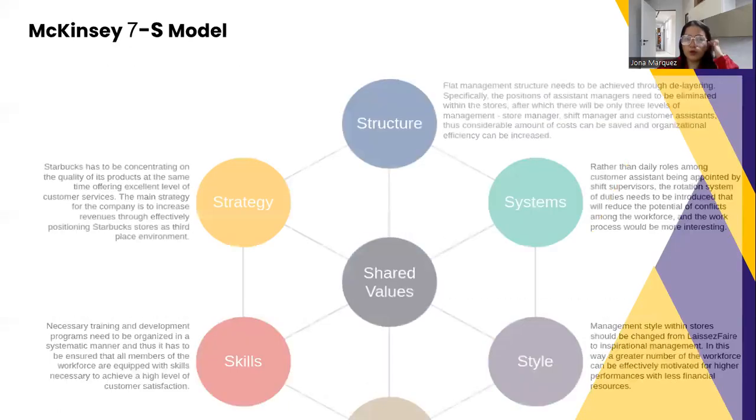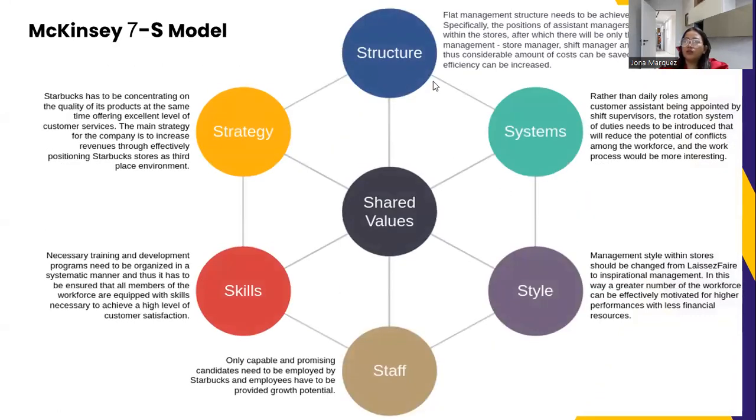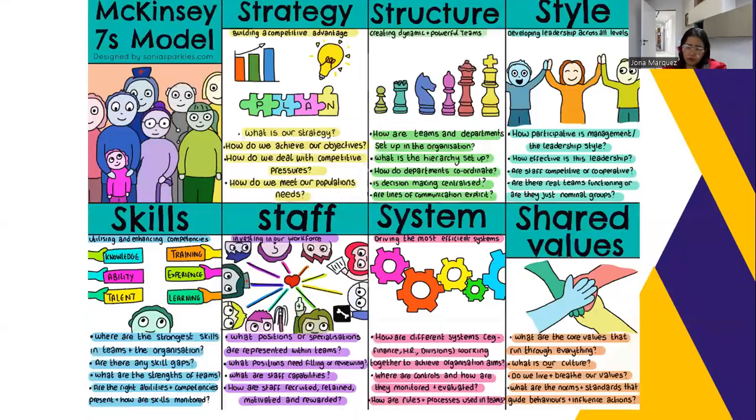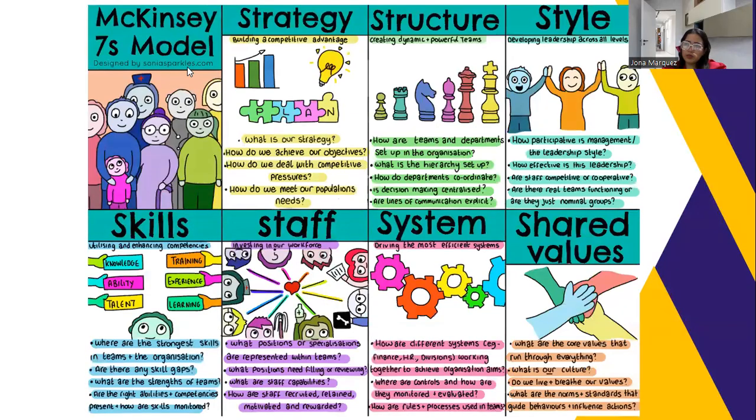Okay, I have here example of McKinsey model. Usually ganyan, they do it in graphical way, like this. So, from the shared values, ano yung structure, identify yung strategy, and so forth. Another style na ginagamit ng McKinsey, ganito, na-itemize lang nila strategy, structure, style, skill, staff, system, shared values.